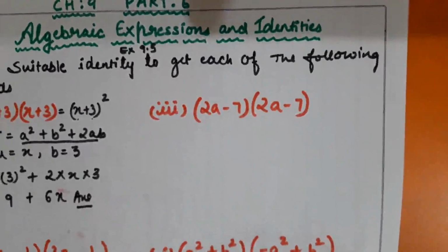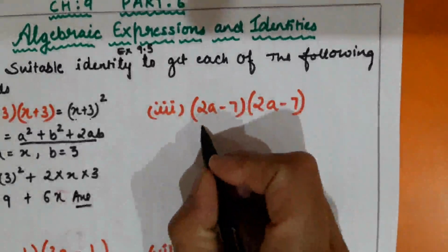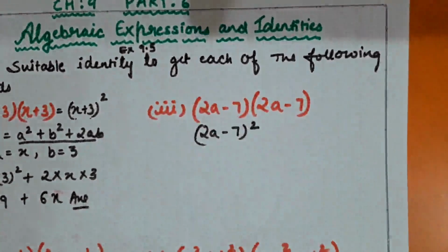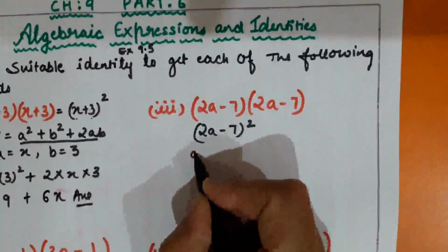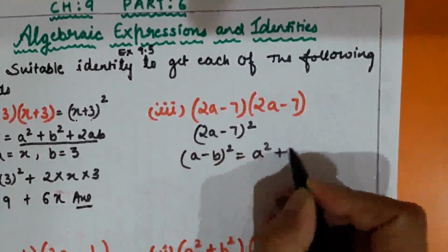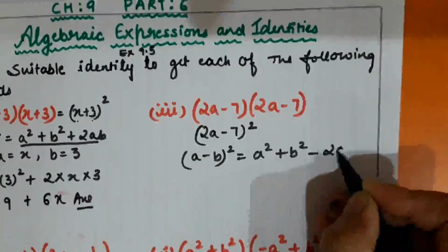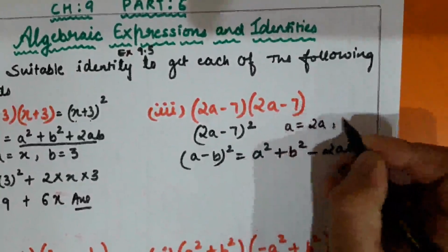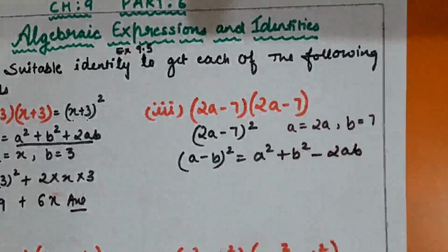So let's do third part. (2a − 7) whole square we can write. Now formula is (a − b) whole square. It gives you a² + b² − 2ab. Now what is a here? a is 2a and b is 7 here.